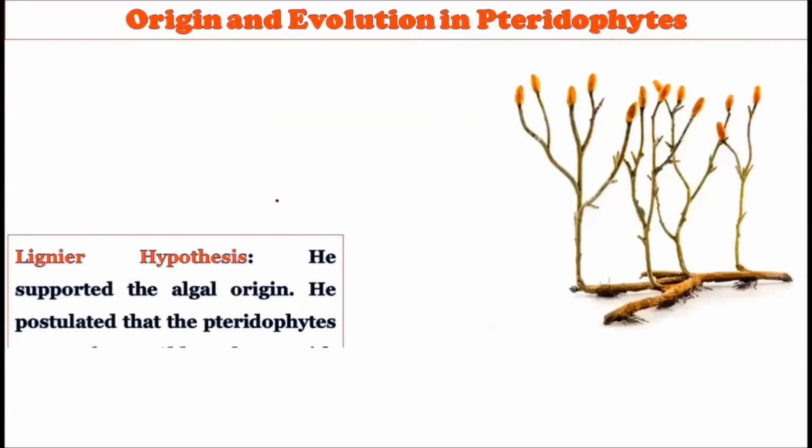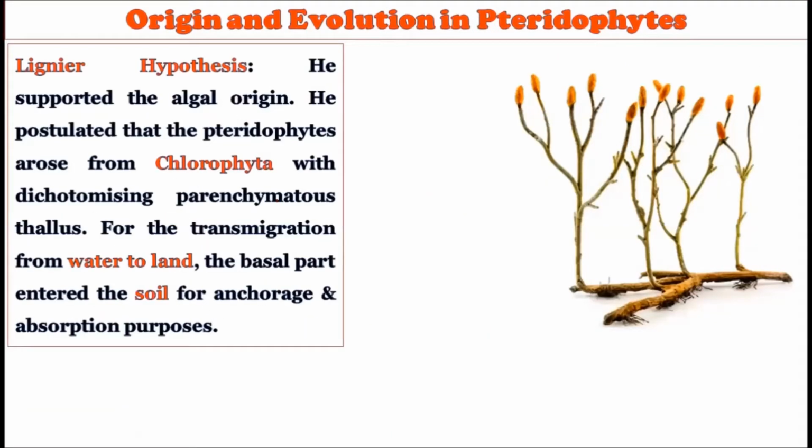Now consider there are some authors who supported this hypothesis. One of them is Lignier, and he has proposed another hypothesis which supports the algal origin. He postulated that the pteridophytes arose from the Chlorophyta, that is the green algae.